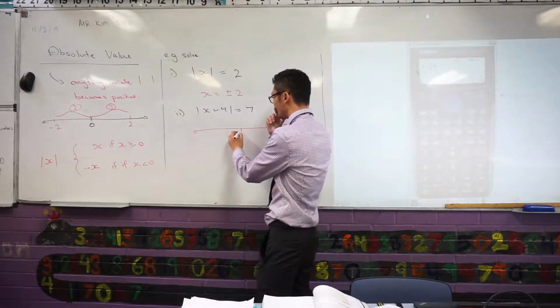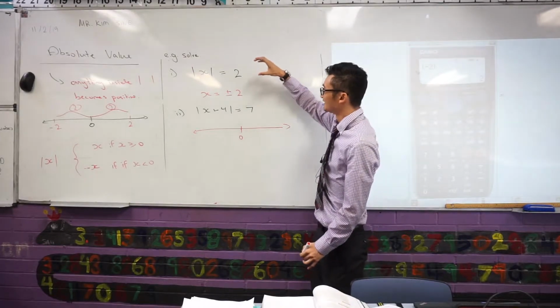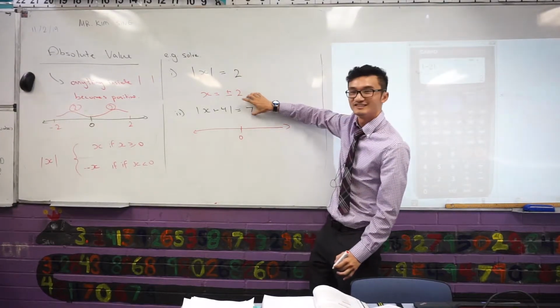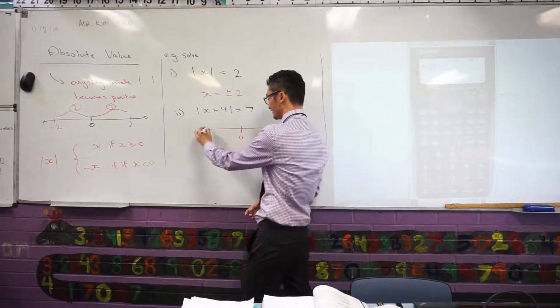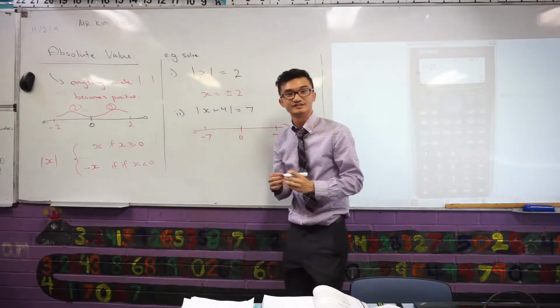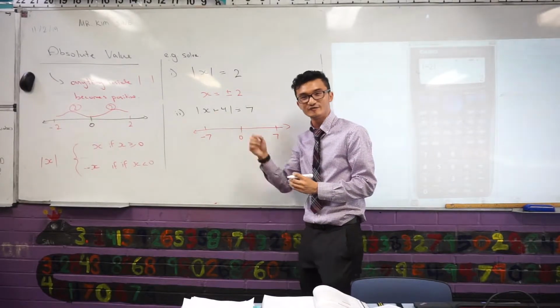Good, because what does it represent? It says the distance traveled is this. The distance traveled is this, 7 and negative 7 there. That's the distance there.